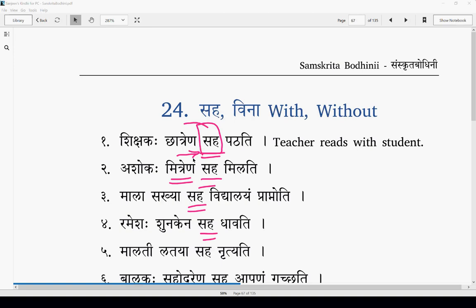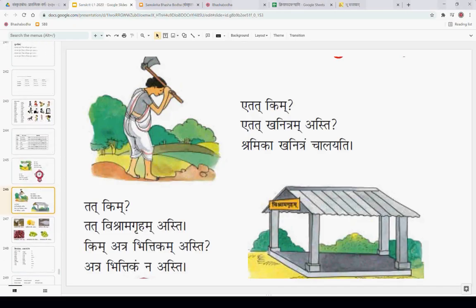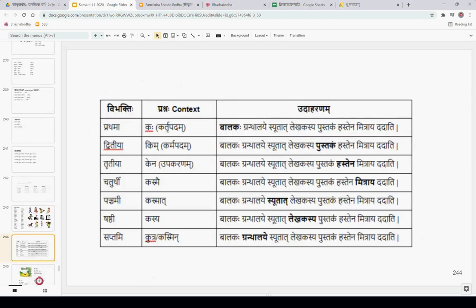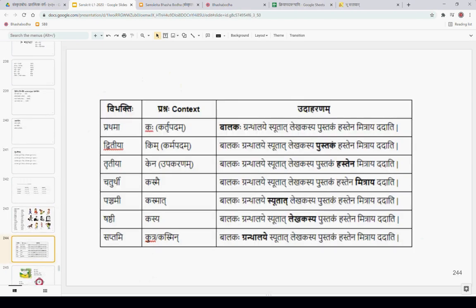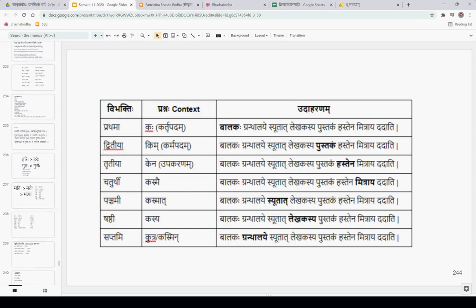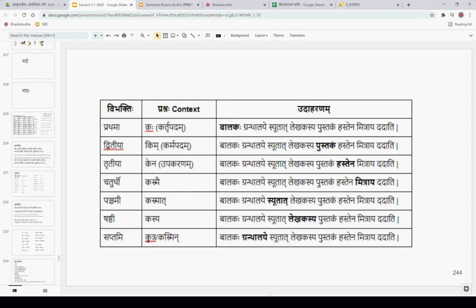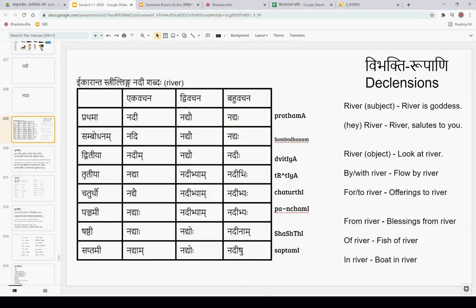Okay. That is why remember that many times I have said, when I showed the Vibhakti table here, all these question words: kaha, kim, kena, kasmai, kasmat, kasya, kutra, kasmin, and where was Rama? Or take this also, for example. Here the examples are there. Prathama is like this, Dvitiya is like look at the river. So these are usages of each vibhakti.